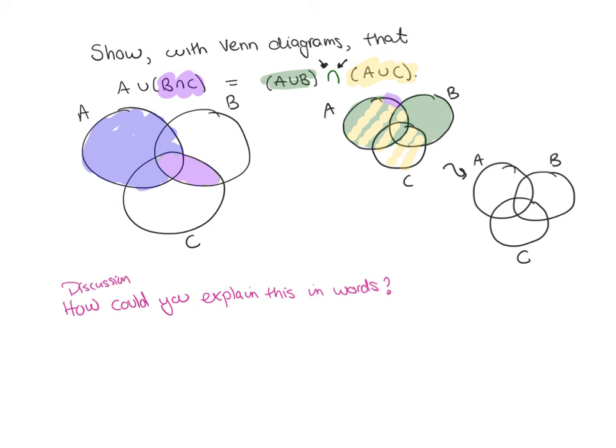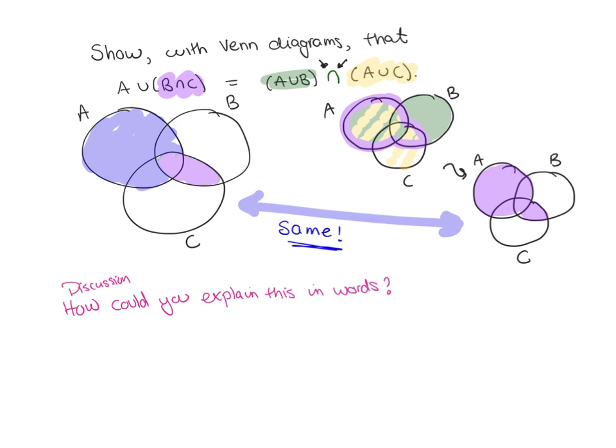So I'm looking for the stuff that got both green and yellow. So we overall get this region here. We get all of A, and then we get this little extra piece that's in B union C. So we can see from those two diagrams that those are going to be the same. Therefore, we can see that those two sets are equal.